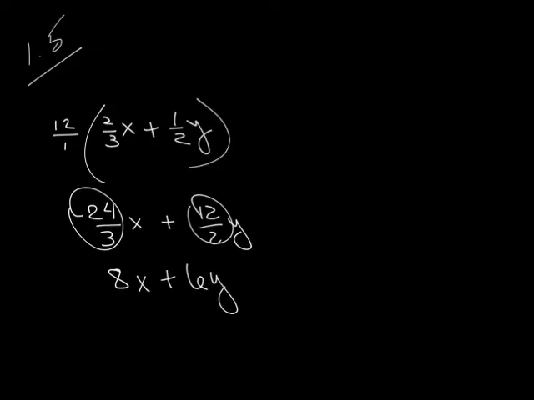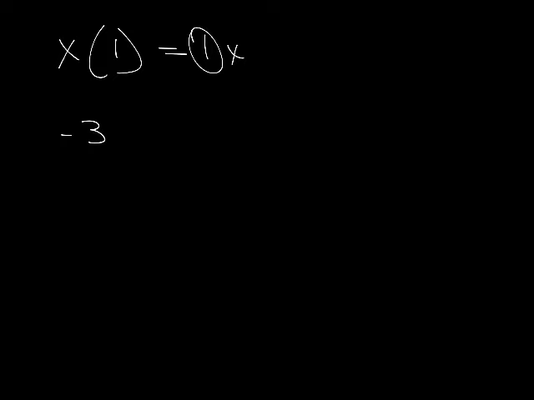Okay, so the next section here has to do with special numbers. And we're talking about any number times 1 means that it's itself. And any time you multiply like an x times 1, you get 1x, but you don't have to show that 1. It's just x. When we add opposites, -3 plus 4.